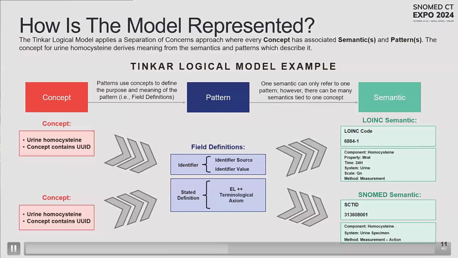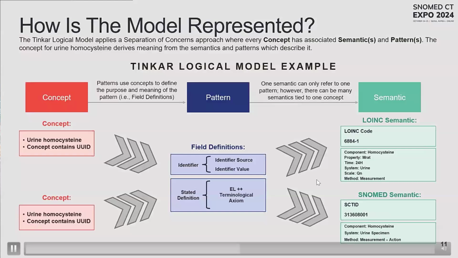If we're putting it into our Tinker model, each of those UIDs aligns with that identifier in the identifier pattern. That identifier pattern will also identify the source. Did it come from LOINC? Did it come from SNOMED? Or did it come from a third party, another one outside of that? And then it also provides the identifier value. And then the stated definition gives us that EL++ axiom.